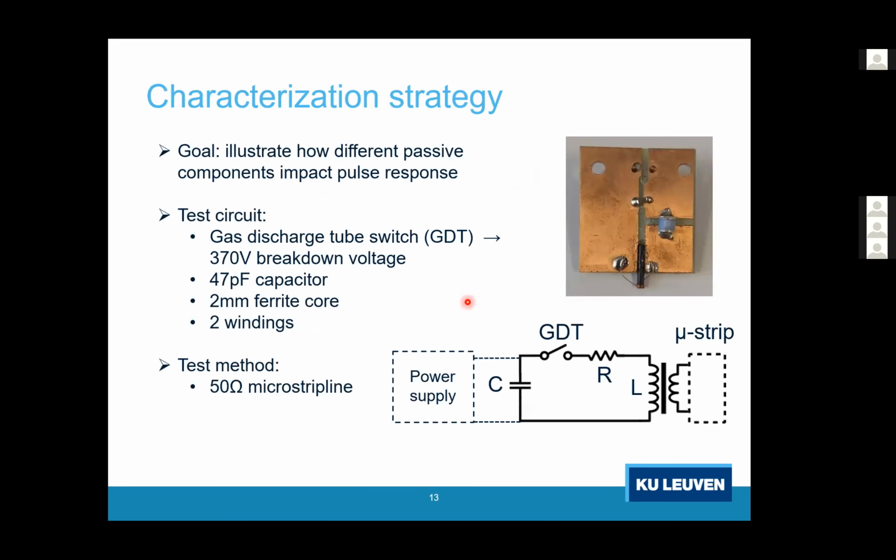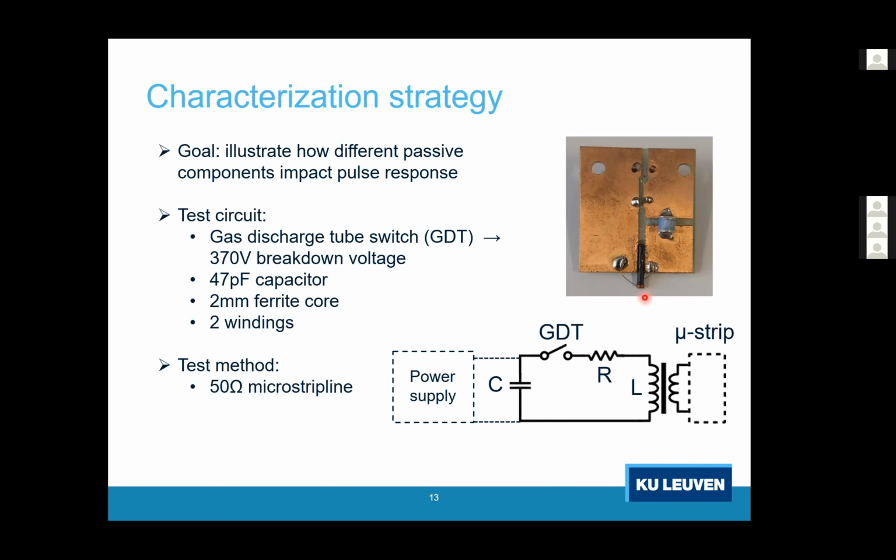Next slide. In order to demonstrate the effects of the different components, so the capacitor and the coil and the parasitic resistance, we built a very simple circuit. It's based around a gas discharge tube, which releases all the charges accumulated on a small capacitor over our injection probe. The injection probe itself is a 2 millimeter ferrite core.